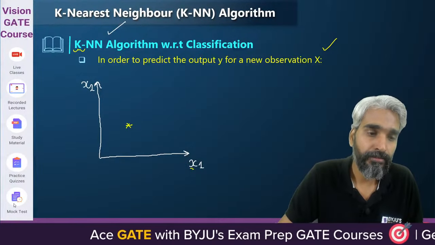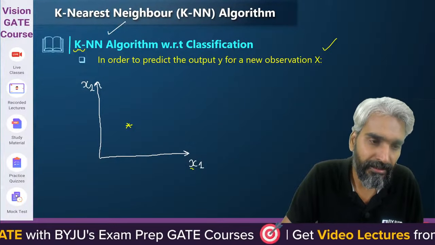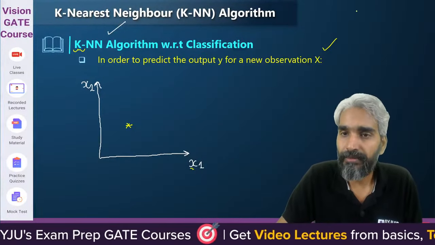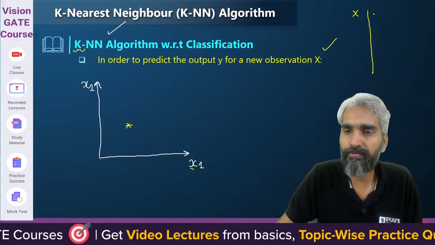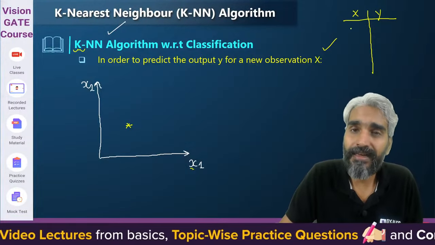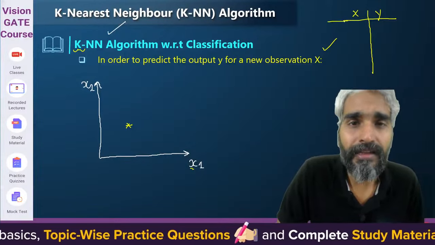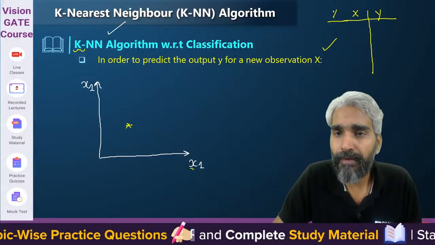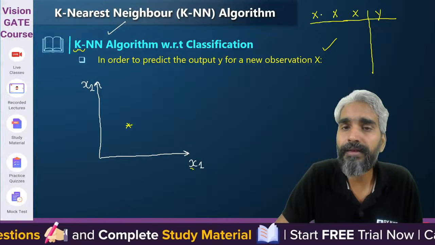In simple linear regression, we learned that there is only one independent variable x and one dependent variable y. And then we said that in multi-linear regression, there may be multiple independent variables.